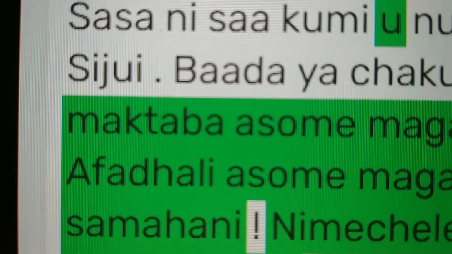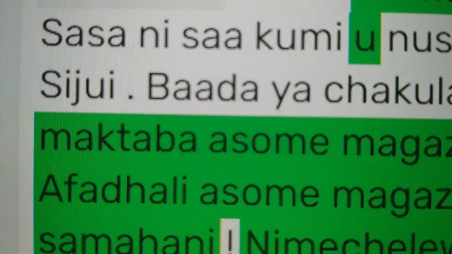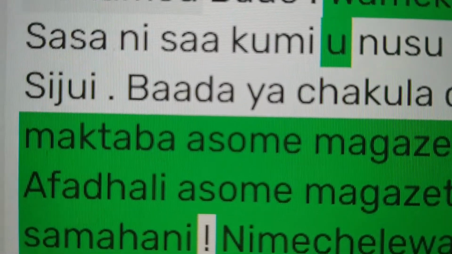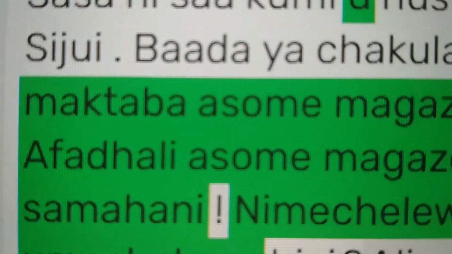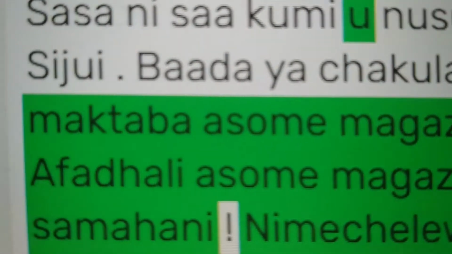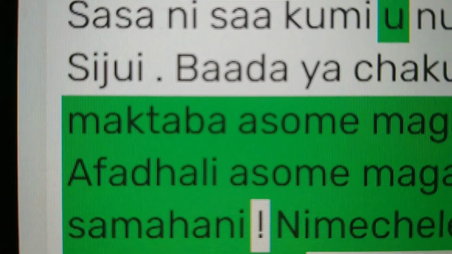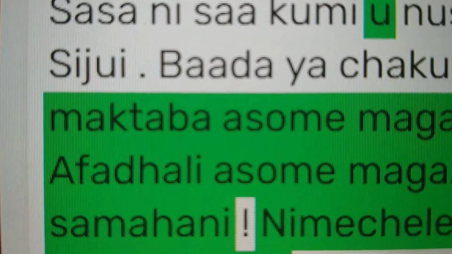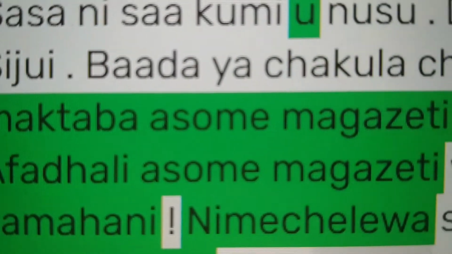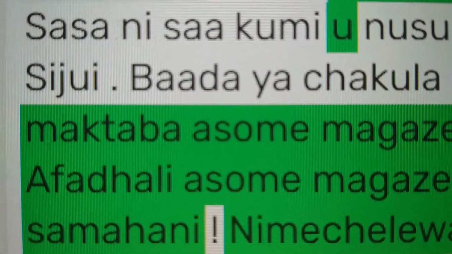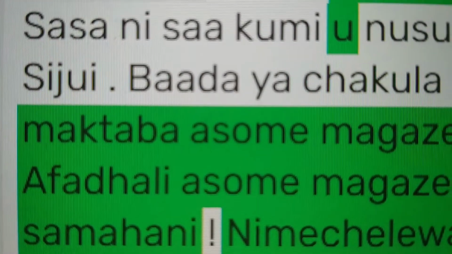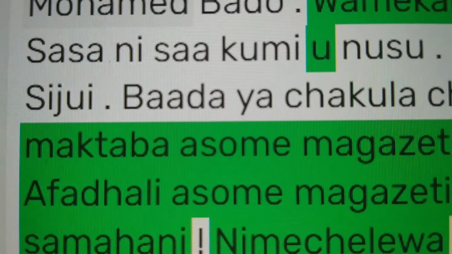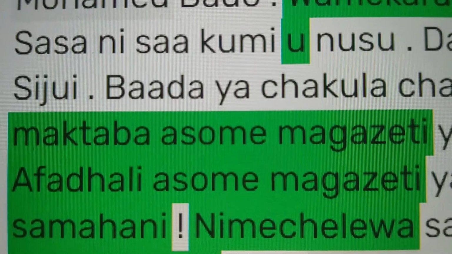So this is in the structure of it, so that he can do this, or so that she can do this. And right below it's afadhali asome, which means he better, or you better. Oh no, I think afadhali is, yeah, I think it's he or she. So he or she better read something. So I'm still trying to wrap my head around when it would be used, but I guess just more listening and reading, and hopefully I'll get there.